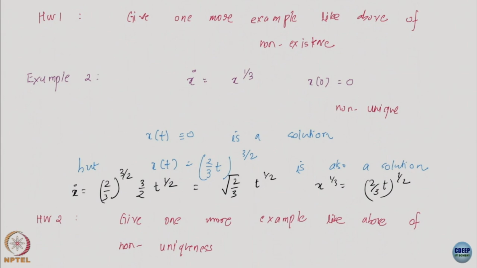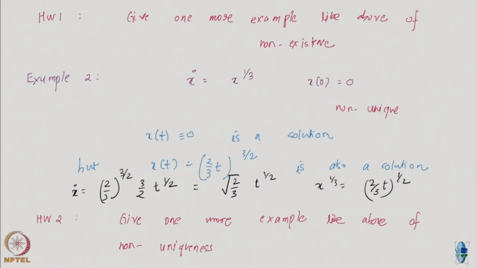But then I can also integrate this, it is not difficult to integrate, and you will find that the integral is this. It's not difficult to verify because I can take x dot and this comes out to be this. Now this is also a solution, because this is 0 at 0, notice.